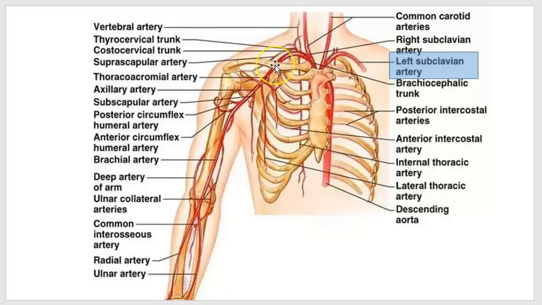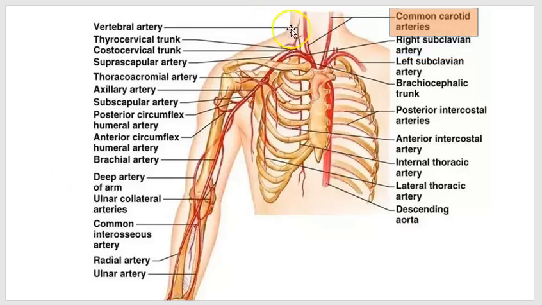So if it is below the clavicle, that is your subclavian artery. Here you can see your right subclavian. After that, so you have your brachiocephalic right here, but after the right common carotid branches off, now it's no longer called the brachiocephalic because it's no longer going to the head. That one's already branched off. Instead, it is below the clavicle, and so it becomes your right subclavian.